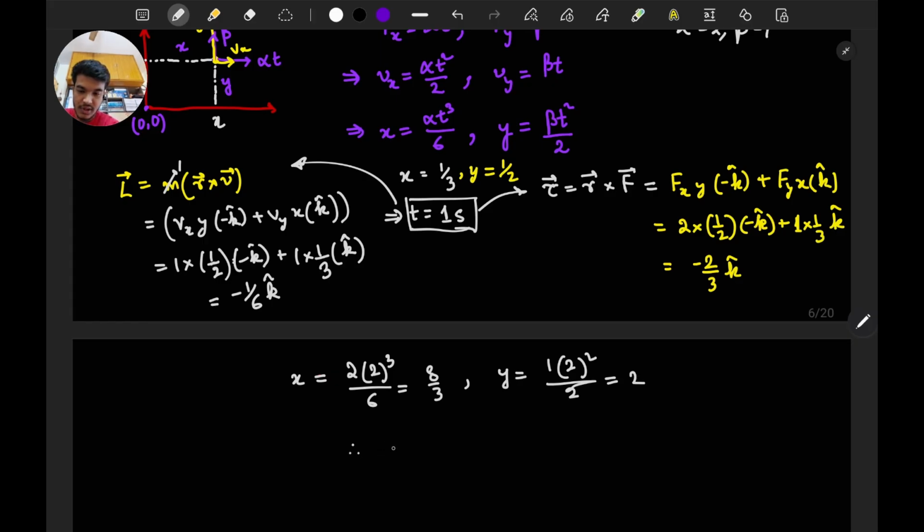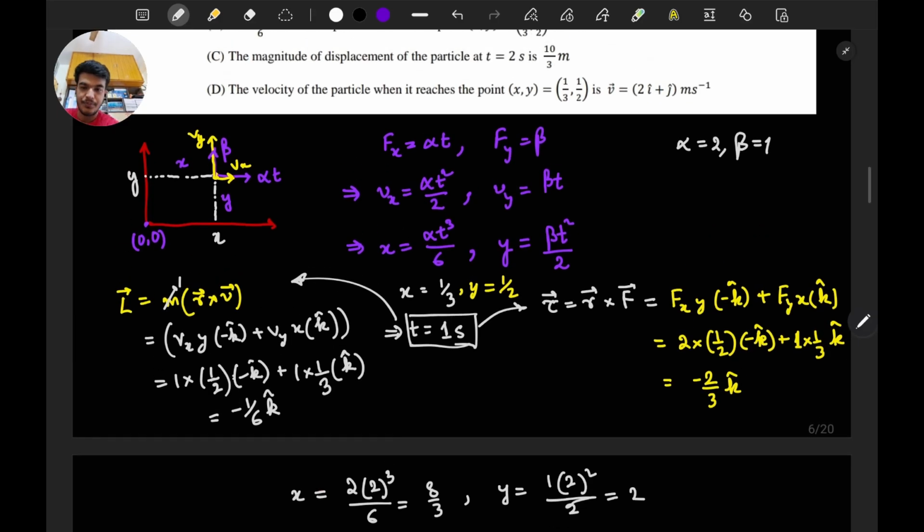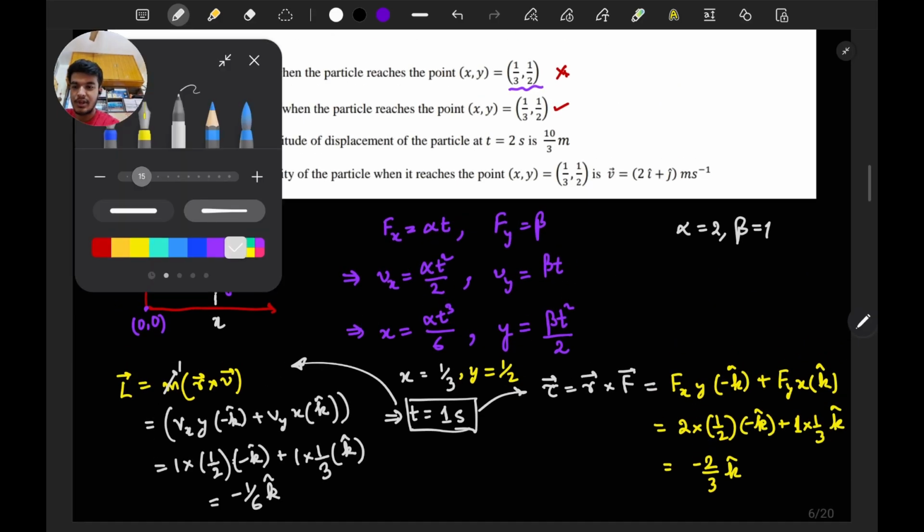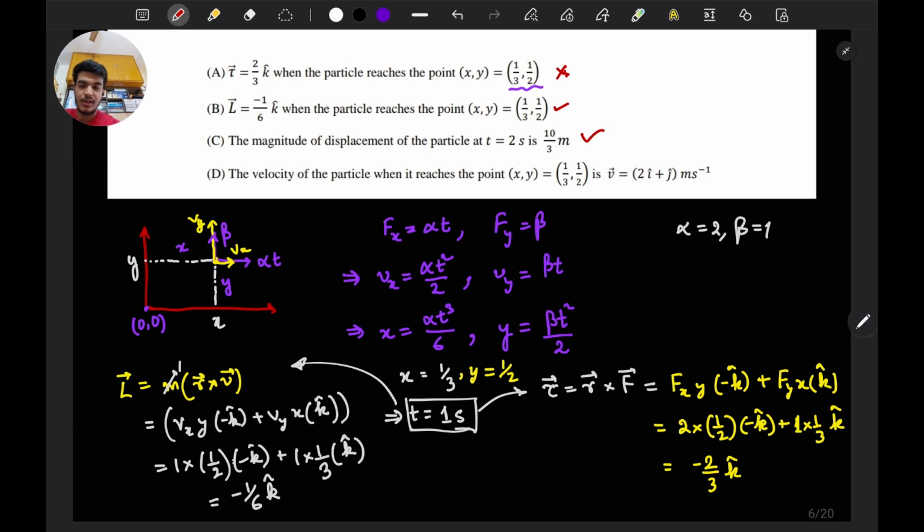Therefore displacement would be under root x square plus y square, which is 8 by 3 whole square plus 2 square, which would be 100 by 9. So it would be under root of 100 by 9, which is 10 by 3. So this would be 10 by 3 only.